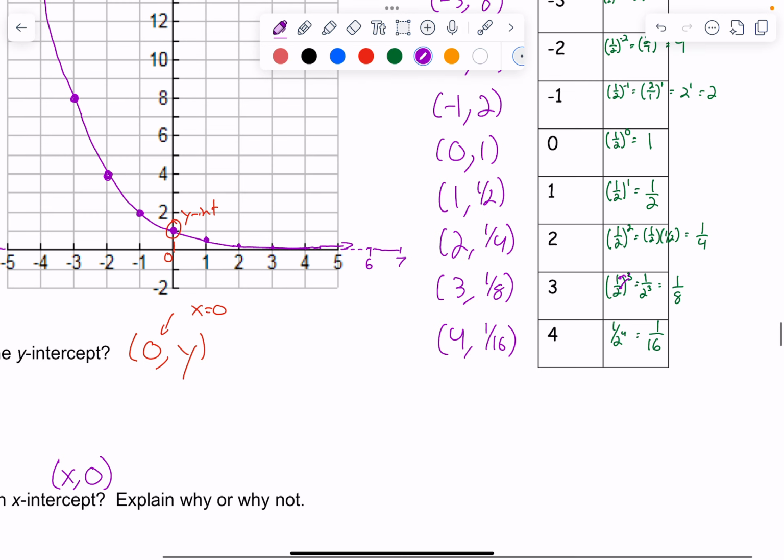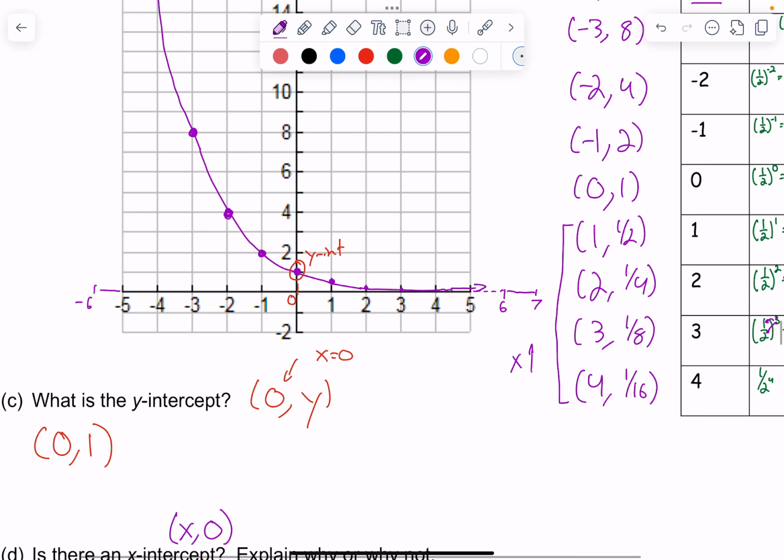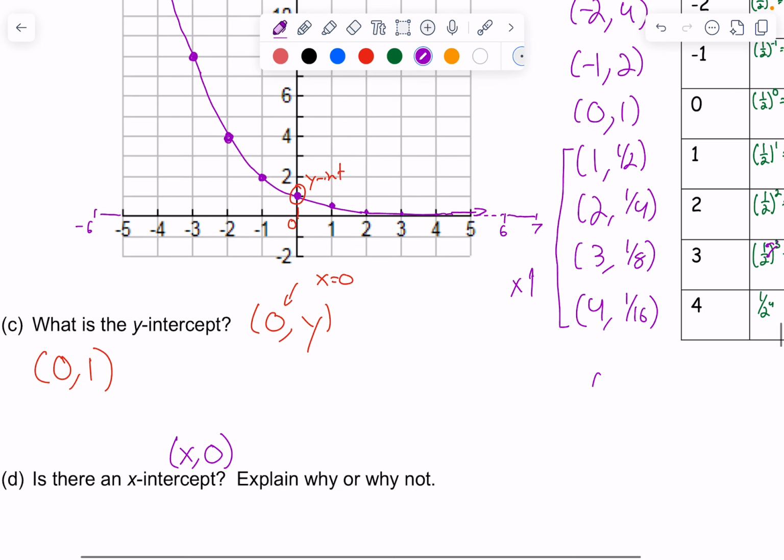As your numbers get bigger in the x, you can see that our x's are increasing, and look what happens. Your y's are getting smaller and smaller. 1/8 is bigger than 1/16. But there is no point.